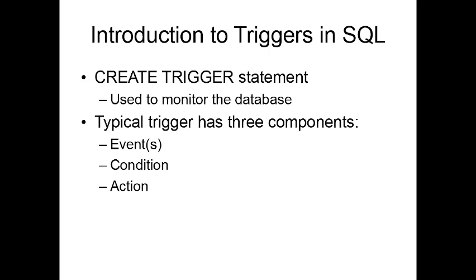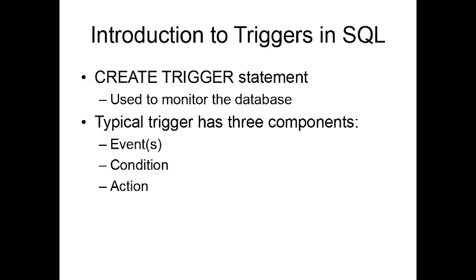Then after this we can specify a condition. This condition determines whether the rule action can be executed. Once a triggering event has occurred, an optional condition may be evaluated, and if no condition is specified, the action will be executed once the event occurs.